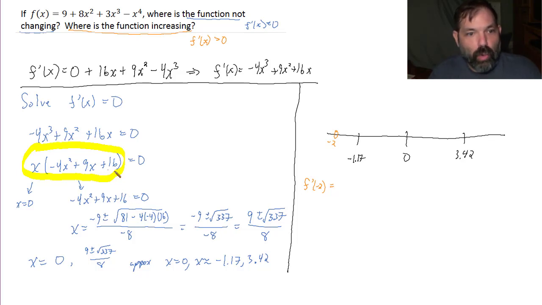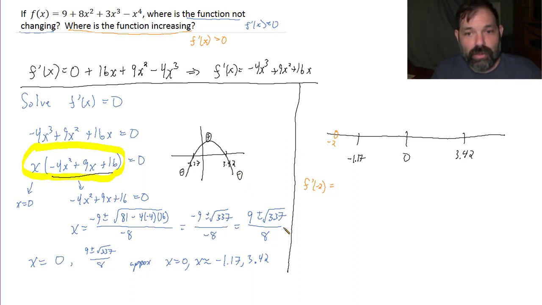But what I know about this is the negative 4x squared plus 9x plus 16, that's a parabola opening down. If I just focus on that part, it's a parabola opening down, and it has roots at negative 1.17 and 3.42. And so I know that quadratic looks roughly like this and changes from negative to positive to negative.